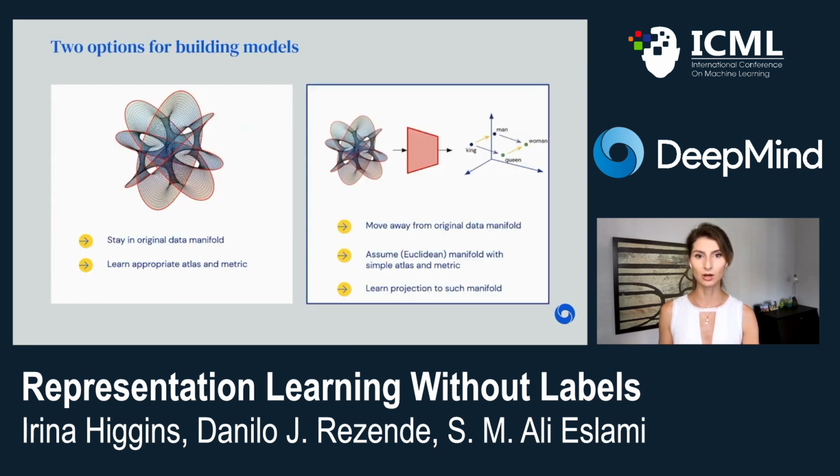As we have seen, working in the original data manifold is hard. Hence, the majority of representation learning approaches, and in fact, every algorithm described by Ali in the second section of this tutorial, belongs to the second group of approaches that try to learn a projection to a Euclidean space, whether explicitly or implicitly.